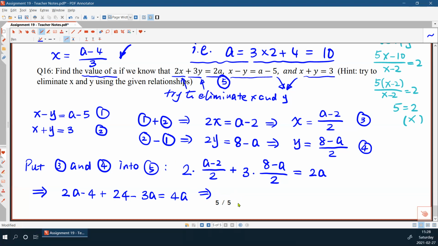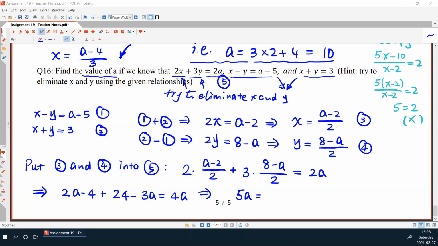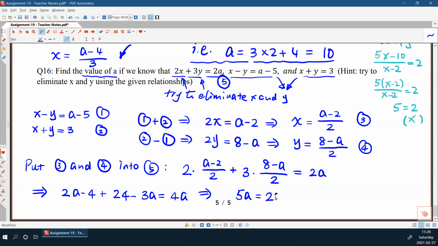This will give you 5a equals, how many? 24 minus 4 is 20, right? Of course, here we can solve a, which is 4. So this is our final result. All right, have a look at these questions. Be clear here?